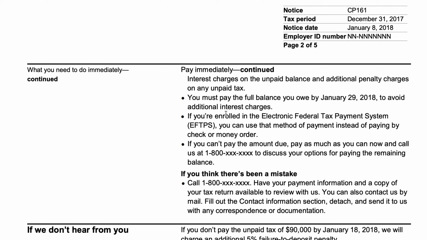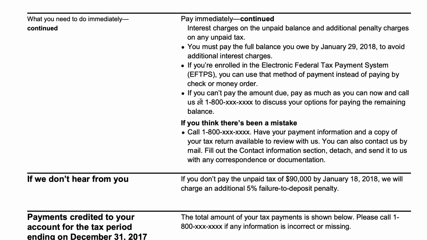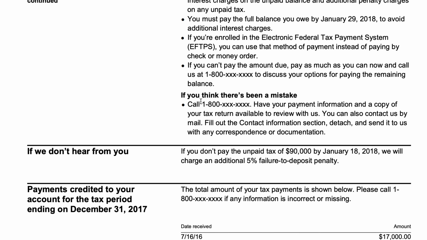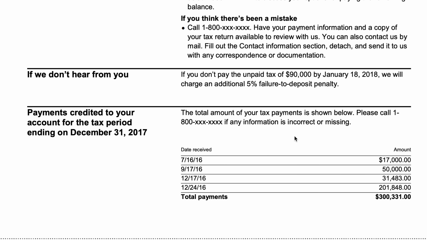And just as a side note, any forms that are mentioned here, we'll put resources in the show notes, links to resources, so articles and videos that we've written if you need to dig down deeper into a particular form. If the IRS doesn't hear from you, they're just going to assume that you agree with the assessment, and they're going to continue charging that failure to deposit penalty.